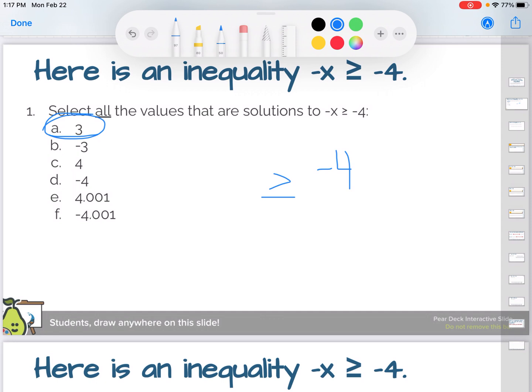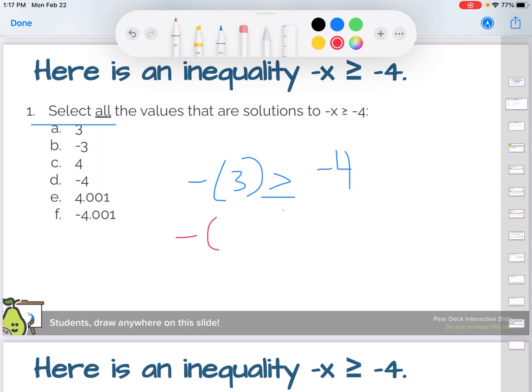Oops, I think I goofed the first one, hang on. I think I put too many negatives, let's try that again. Okay, so I know I have -x, so that would be -3. -3 is not greater than or equal to -4, that's out.